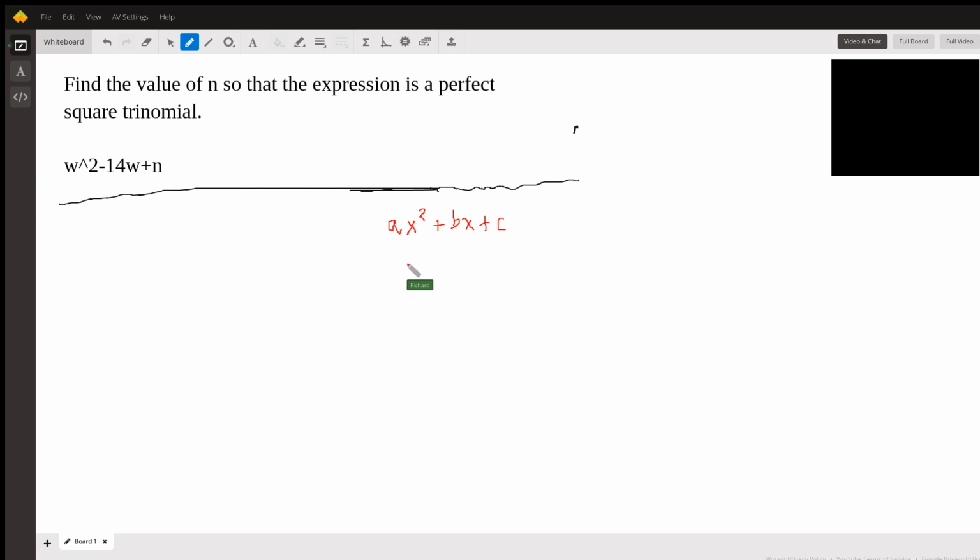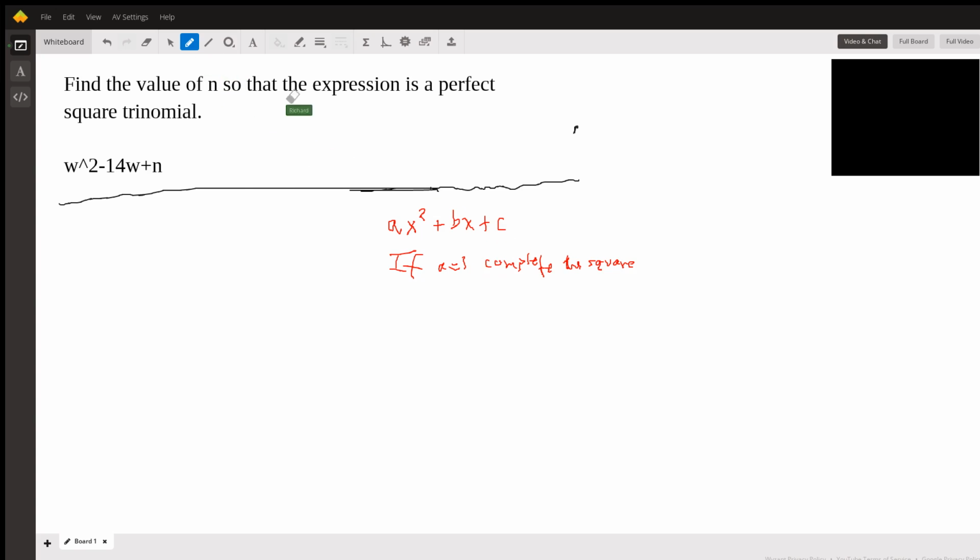And so if a equals 1 and you want to complete the square, let's pretend that instead of a C, we've just got an empty box.